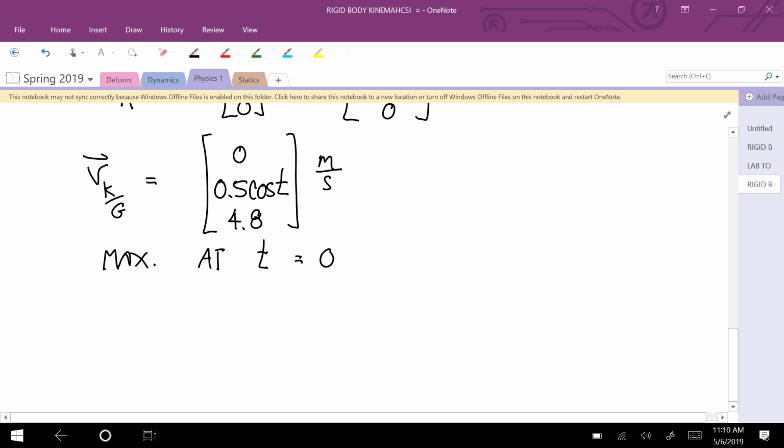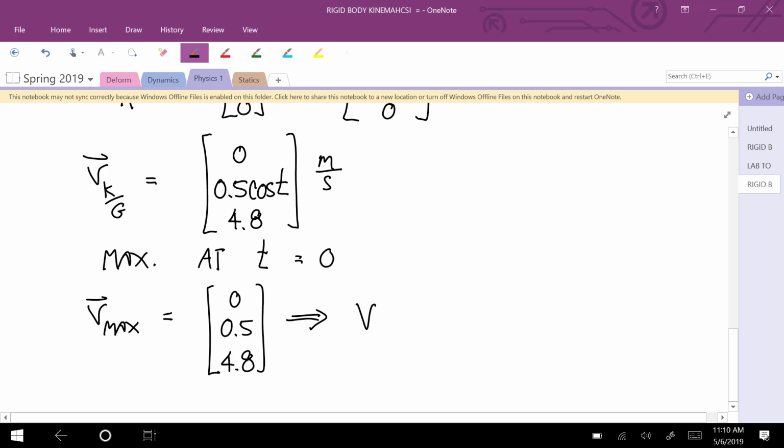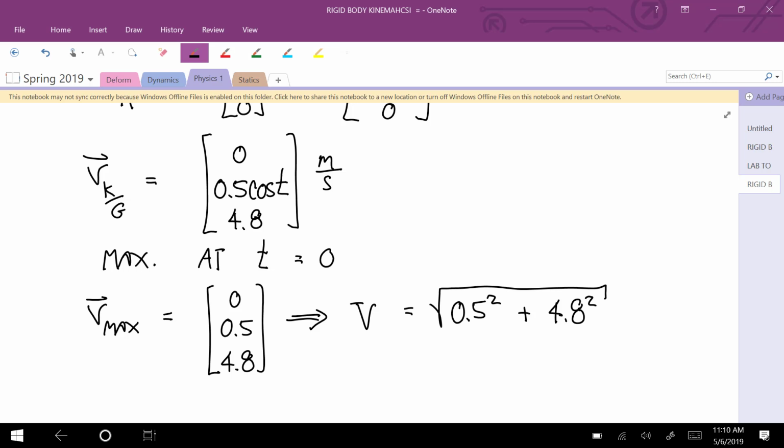And so the velocity max is 0.5, 4.8. And the speed is the square root of 0.5 squared plus 4.8 squared. Any questions about that?